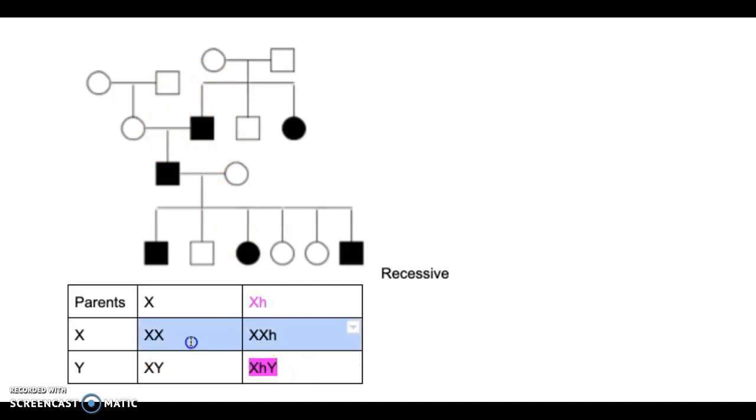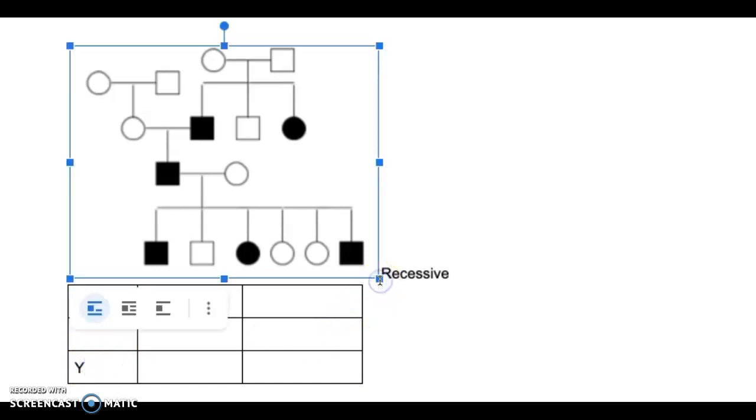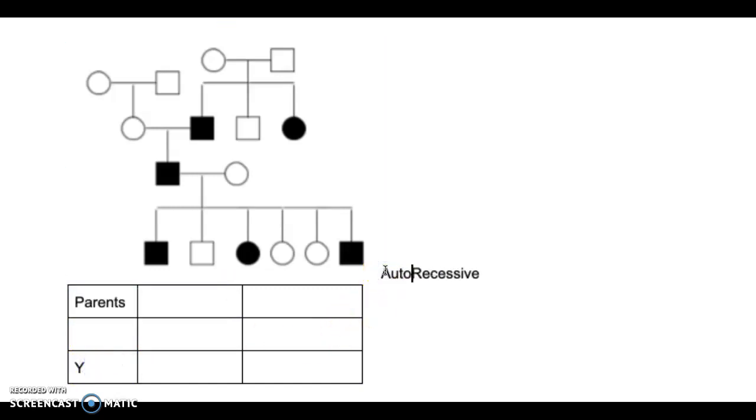But it is not possible to have a female or a daughter that is infected, okay, because they always have a good copy of an X. So this would not be possible if it was an X-linked trait. Therefore, it must be autosomal. So it must be carried on a normal chromosome.